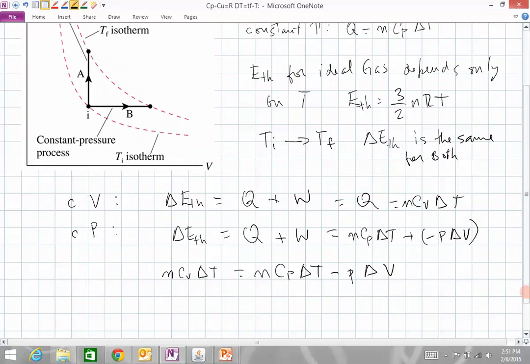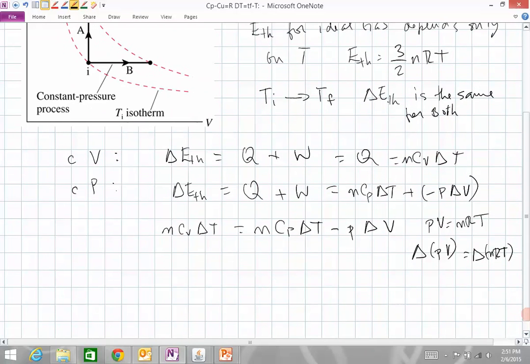Now let's use the ideal gas law to rewrite this minus P delta V. We know that PV is equal to nRT, and so we can write that delta of PV, the change in this quantity PV, is equal to delta of nRT.